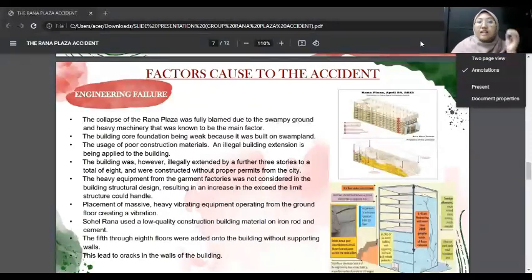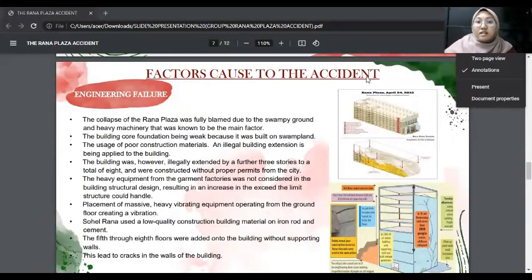They were placed inside the building without considering factors such as the building's endurance toward the weight and the vibration created by the machinery, which can cause the building to reach its limit, resulting in cracks around the walls of the building, which can really endanger the lives of the garment workers and also the factory management itself.